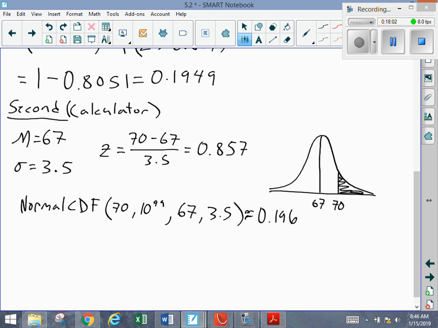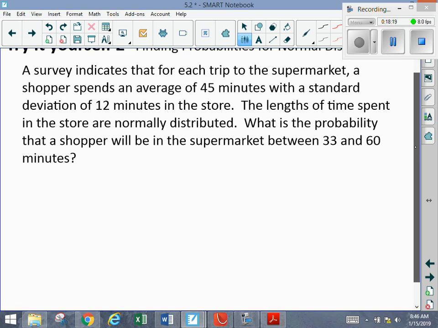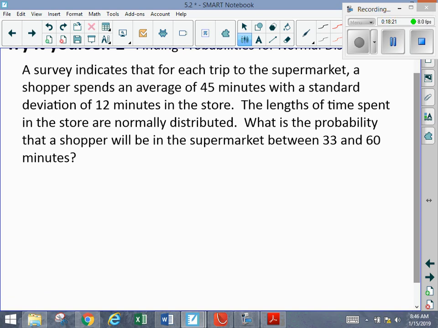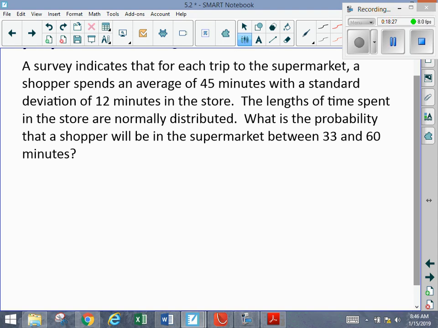So let's try another. Ready? I'm going to encourage you guys to go on the calculator. So this next one, I'm going to do on the calculator. Each trip to the supermarket, a shopper spends an average of 45 minutes with a standard deviation of 12 minutes in the store, guys.